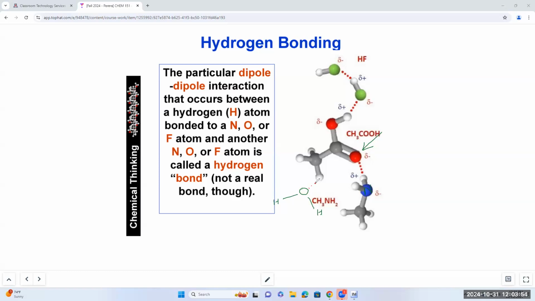Everybody, can you think about this? What I'm indicating over here, can you write on your whiteboards, is this hydrogen bonding interactions or not? Yes or no? That's all I'm asking.